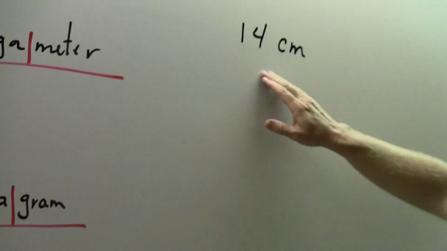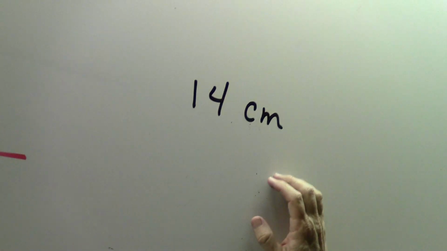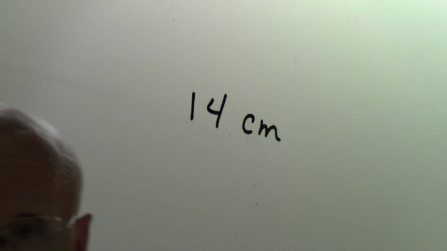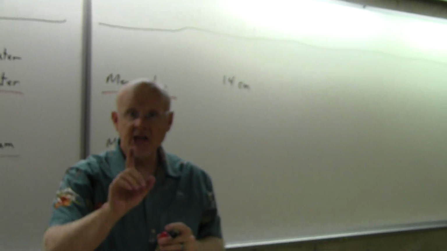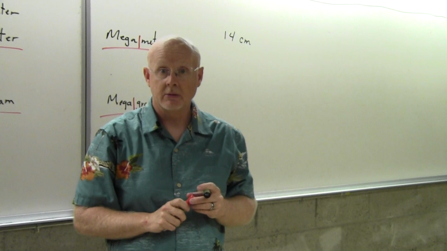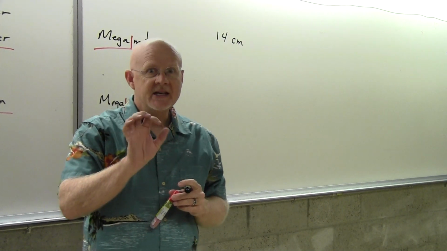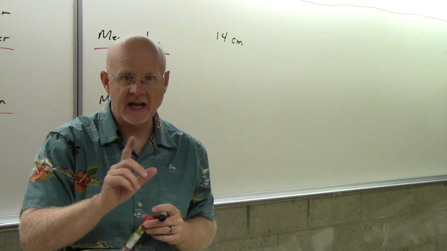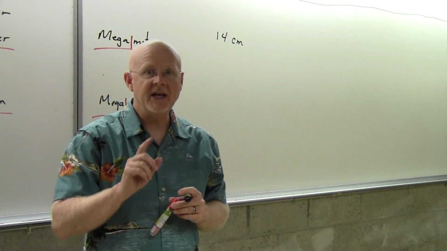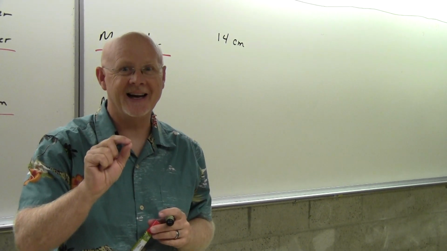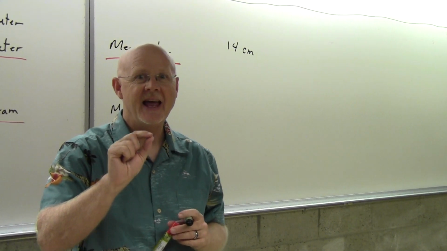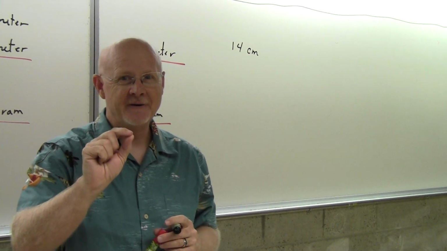And you would write cm for centimeters. But that's what I want to caution you. cm does not stand for centimeters. Did you catch that? I'm going to say it again. cm does not stand for centimeters. It's C for centa times m for meter.